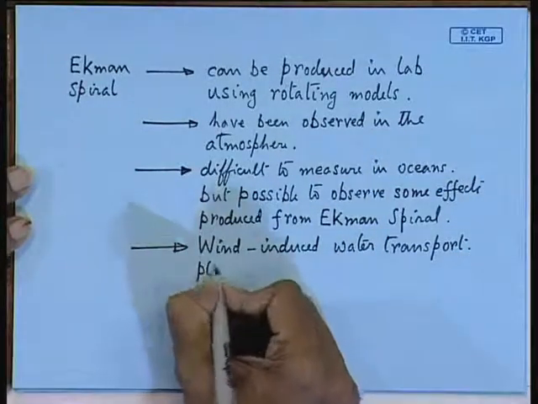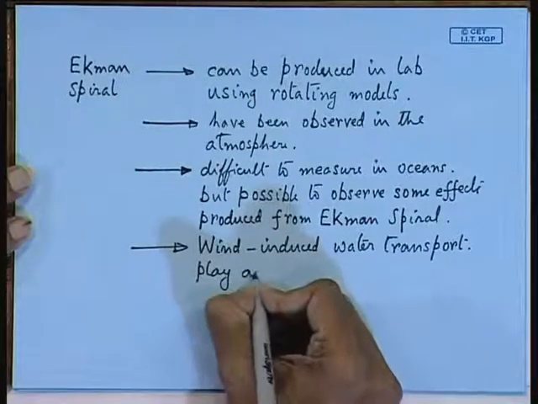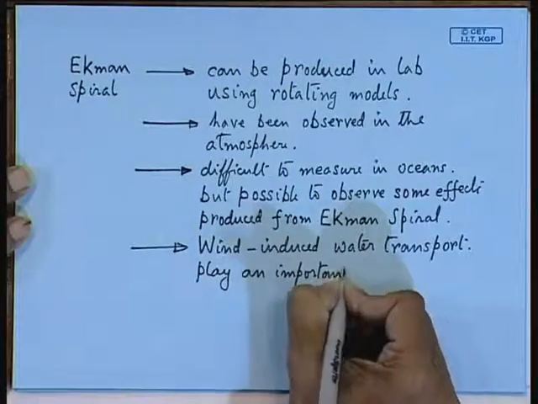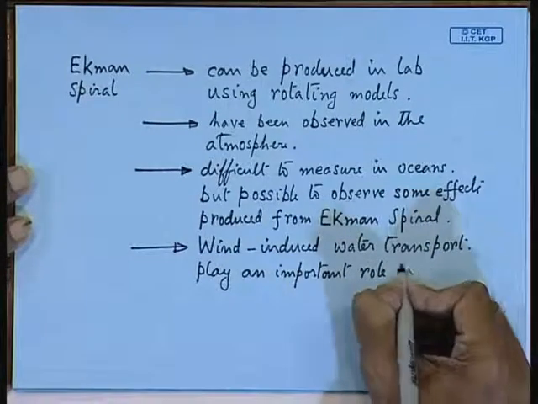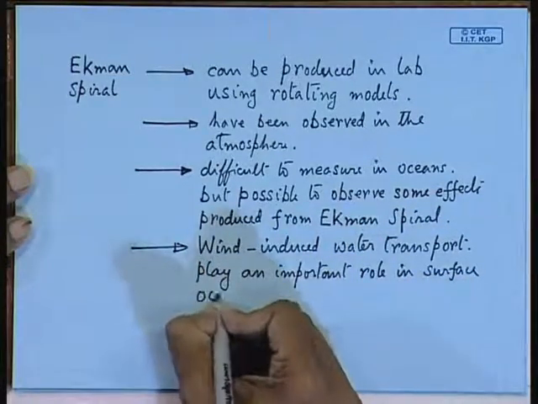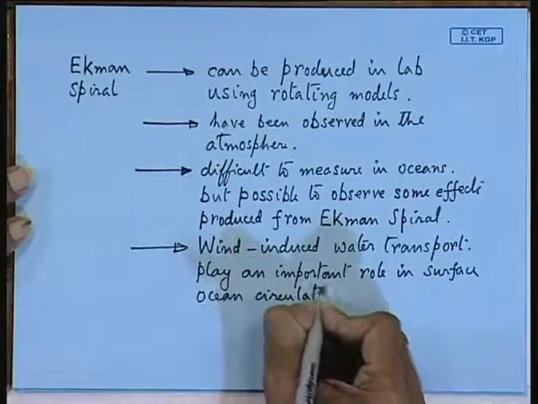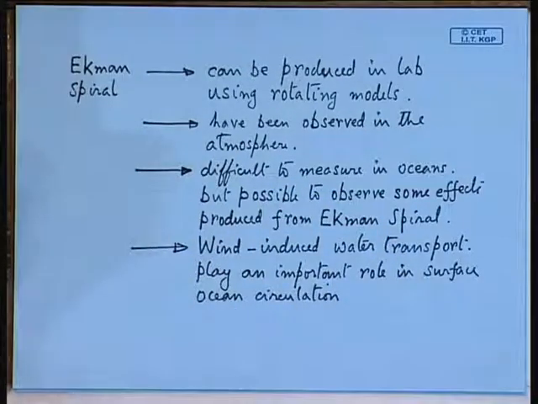There is a mass transport of the water, and this plays an important role in surface currents or surface ocean circulation. So, surface currents are largely created by winds, and the depth of influence is 100 meters, and there you will find the direction to be reversed.